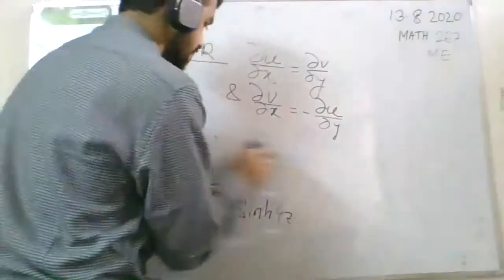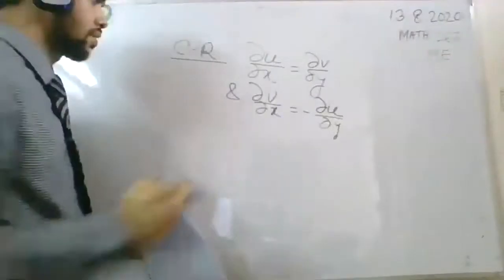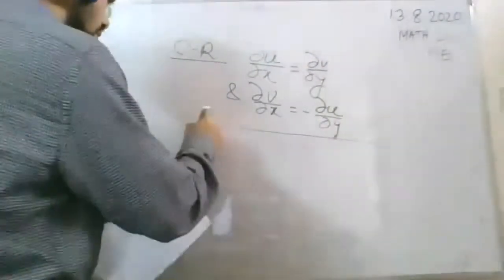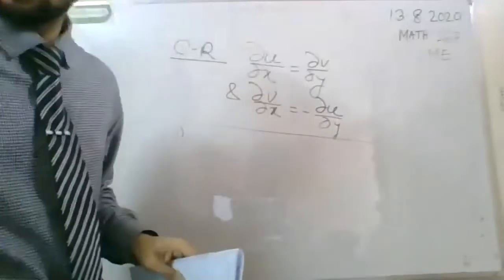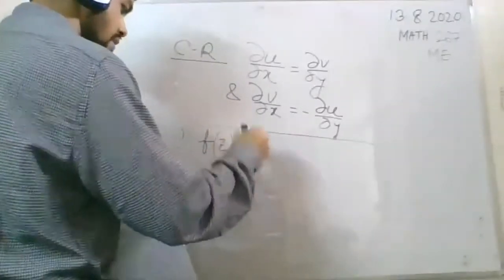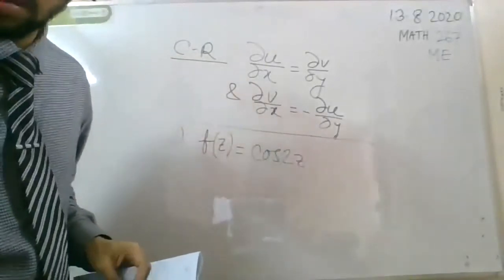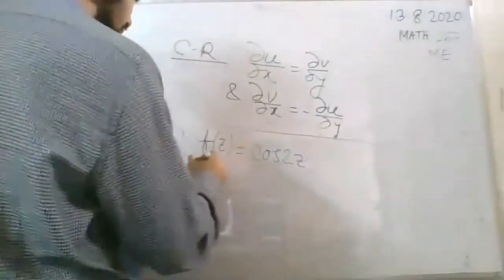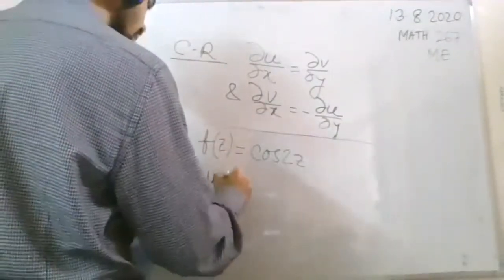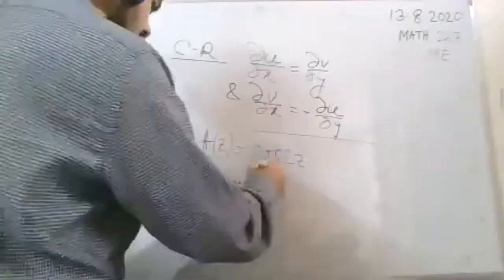So for one, let's say like we already know z equals to x plus iy, and we can also write cos z. স্যার এটা কি f of z equals to কেন ধরলেন?